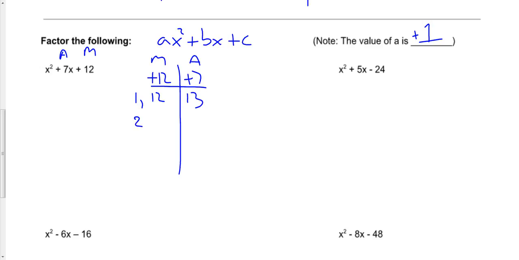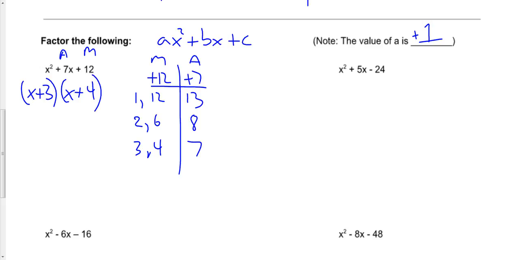Positive 2 times 6 is 12, but that gives me 8. Positive 3 and positive 4, they add together to give me positive 7. So this is going to be x plus 3 times x plus 4.